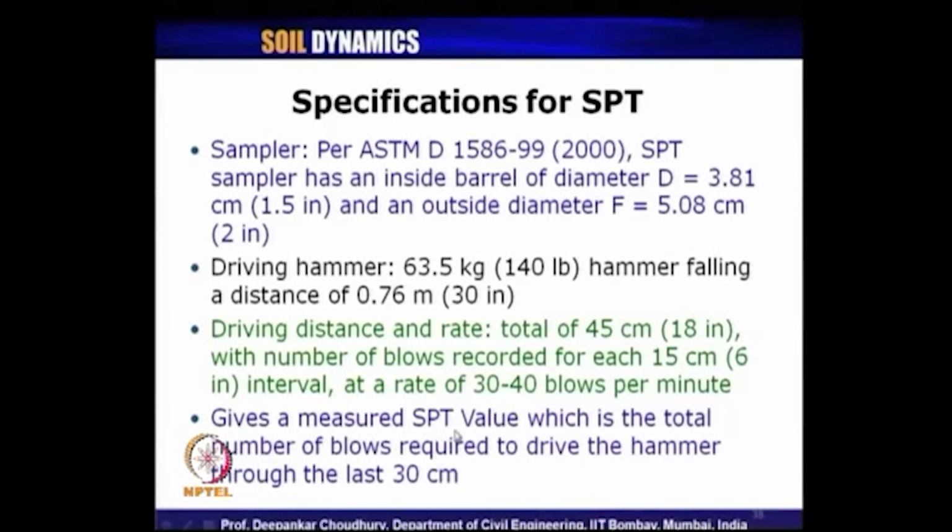It gives a measured SPT value, which is the total number of blows required to drive the sampler through the last 30 centimeter. The initial 15 centimeter depth is not considered, because it is regarded as the initial disturbed zone or the seating value. So, to penetrate that last 30 centimeter, the number of blows required gives us the SPT value, or the raw data of SPT N value.